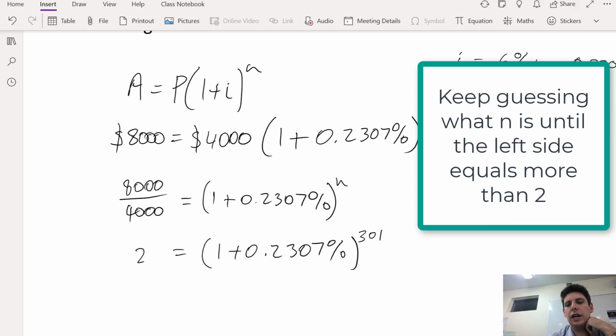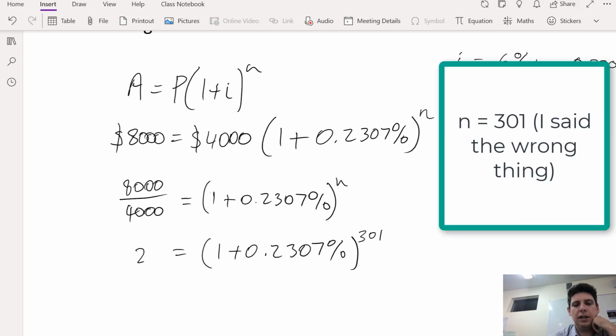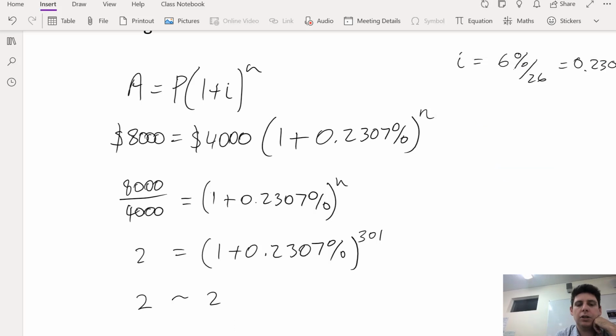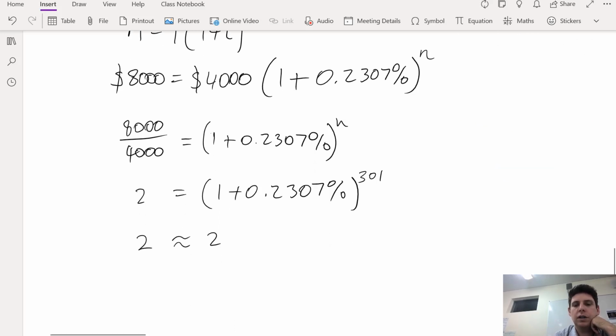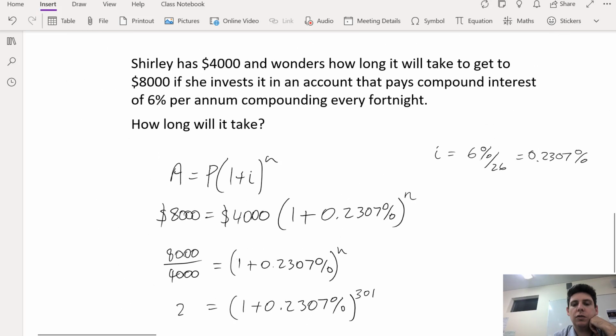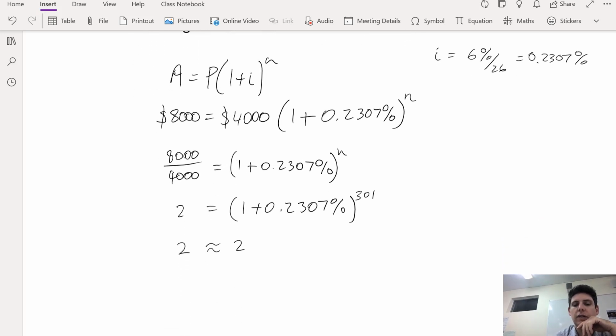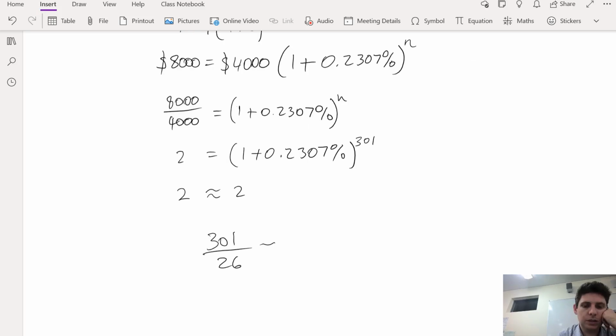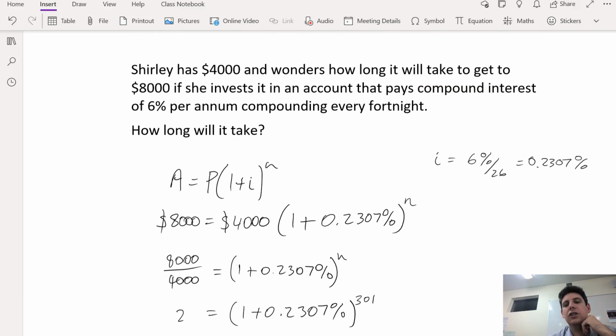So eventually you'll get n is 103. So you'll get approximately 2 equals 2. Now this is 301 fortnights. And we usually like that in years. So we're going to have to divide the 301 by 26, which is approximately years. So that's how long it's going to take Shirley.